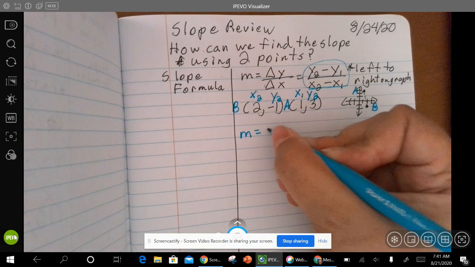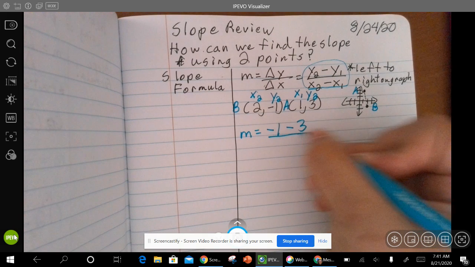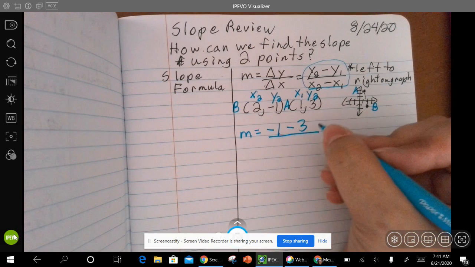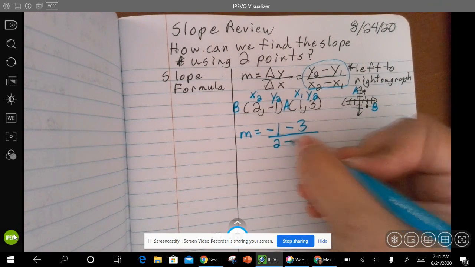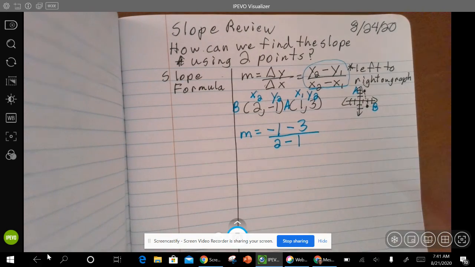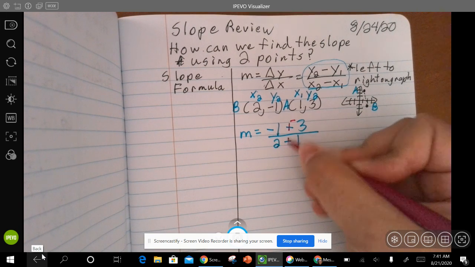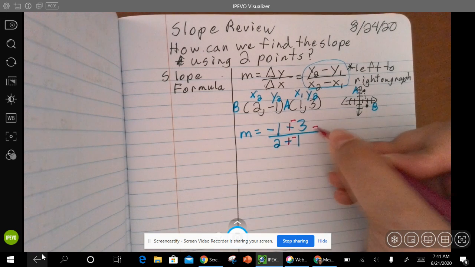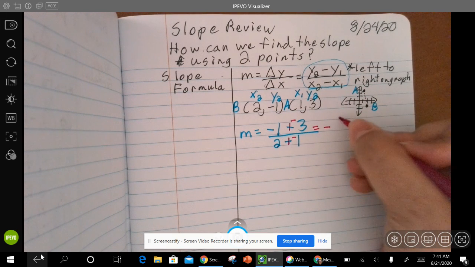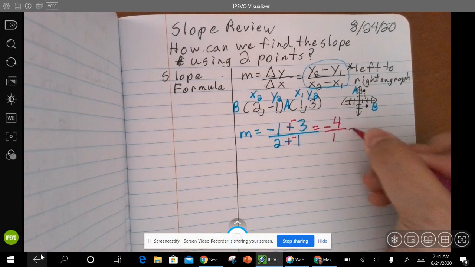So it's going to be -1 minus 3 over 2 minus 1. We're going to do keep, change, change, keep, change, change. It's going to be -4 over 1.